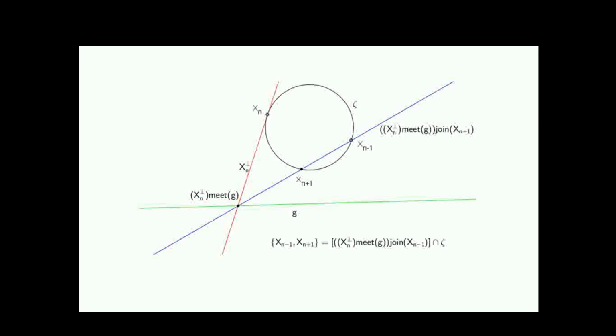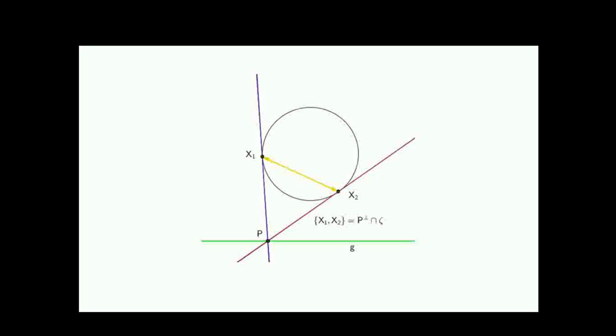So if you ask the question, well, I have a general circle, a general height above my ground line, how do I work out what all of the different period 2 orbits are? Well, here's how you do it. Just put a variable point P on this ground line, and it doesn't matter where you put it.